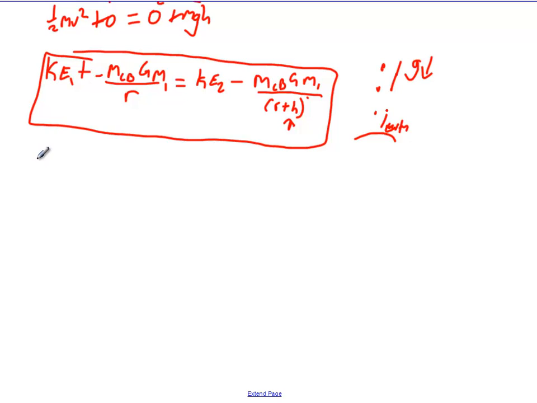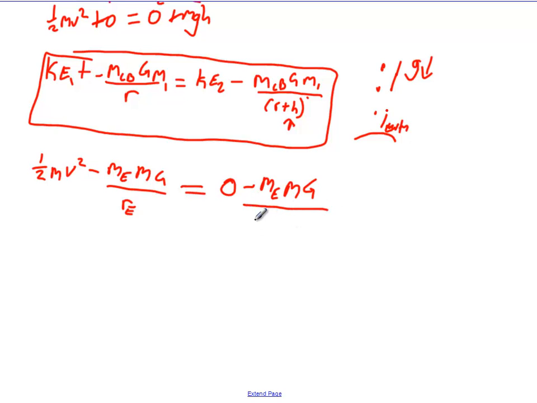The other cool thing is the mass of the object is going to cancel out. 1/2 mass of the rocket times its velocity squared minus the mass of the central body, which is Earth, times the mass of the rocket times G divided by the distance that's starting. This is actually the radius of the Earth because it starts on the surface of Earth, equals 0 because it's going to get to its highest point when its velocity is nothing, minus mass of the Earth, mass of the rocket, times G divided by the radius of Earth plus h.